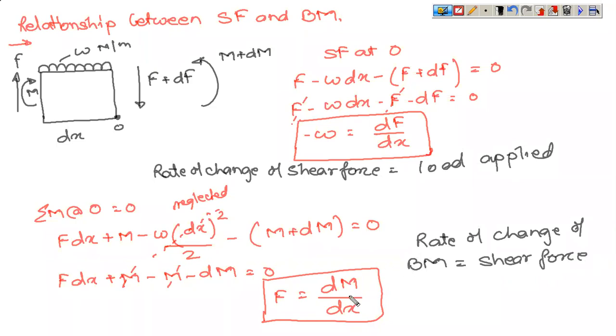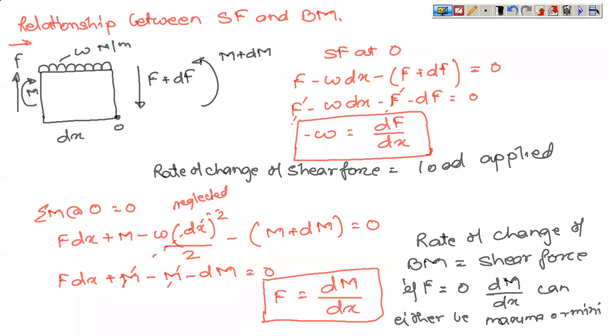Now you can see that if F is equal to 0, that means dM by dx is 0, and M can either be maxima or minima. If F is equal to 0, the bending moment will be either maxima or minima.